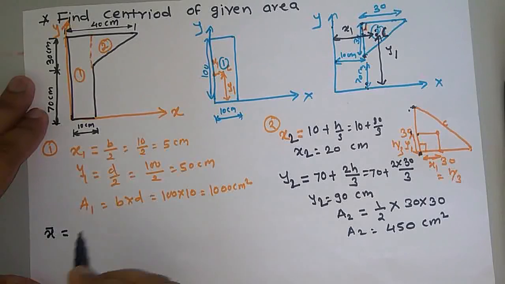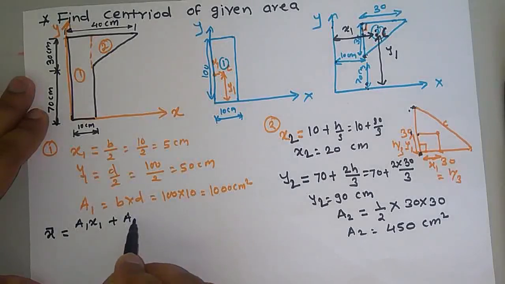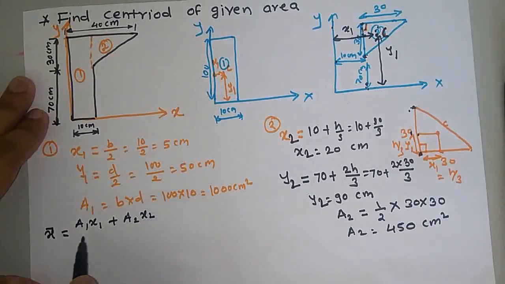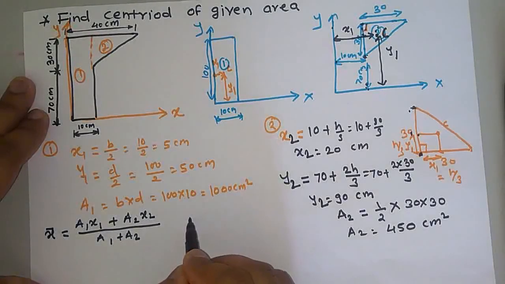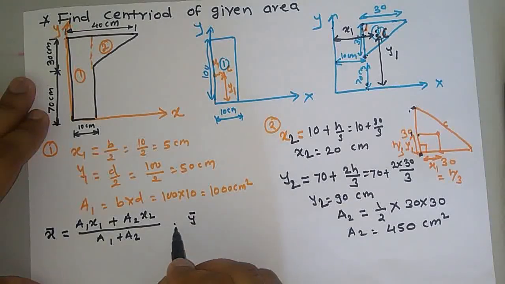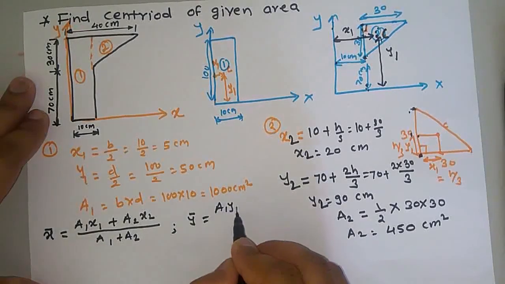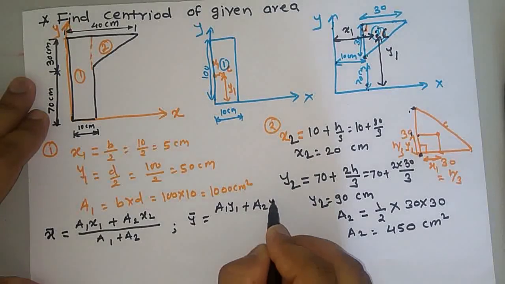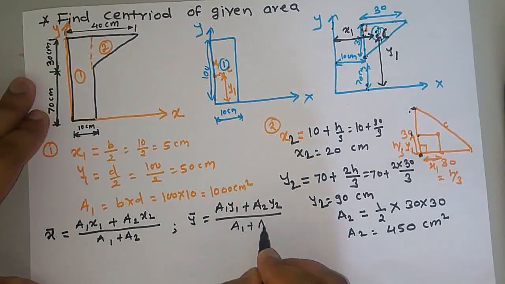X bar is equal to a1 x1 plus a2 x2 divided by a1 plus a2. Same way the formula for y bar is a1 y1 plus a2 y2 divided by a1 plus a2.